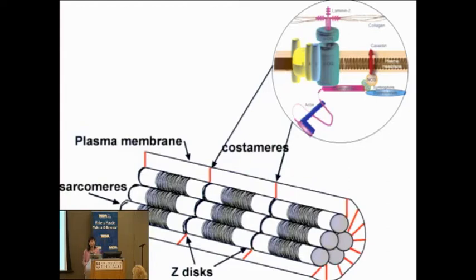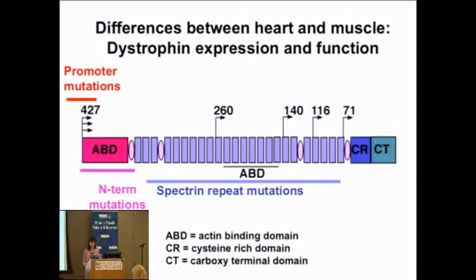As we heard about, it's the disruption of that complex that makes the heart and the muscle cells run into trouble. If you have a disruption because of the dystrophin gene, it can occur at any different point along the way, as Lisa was explaining to you.